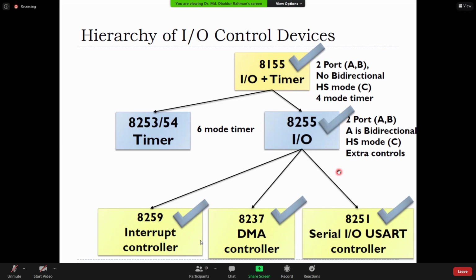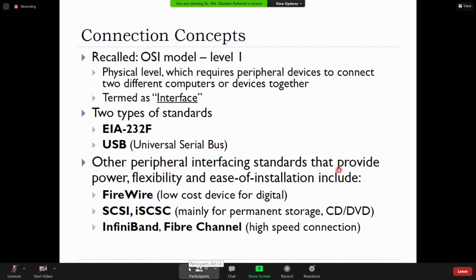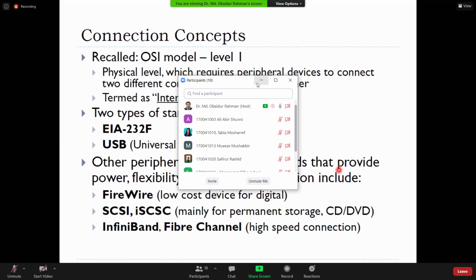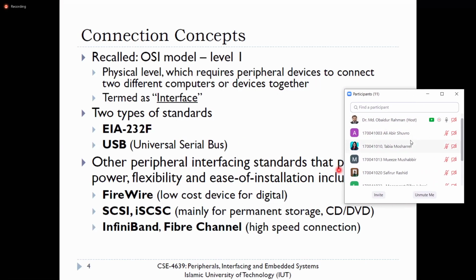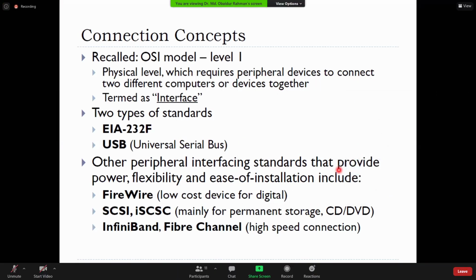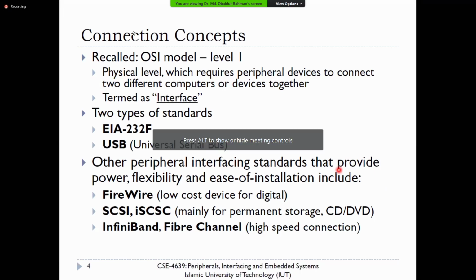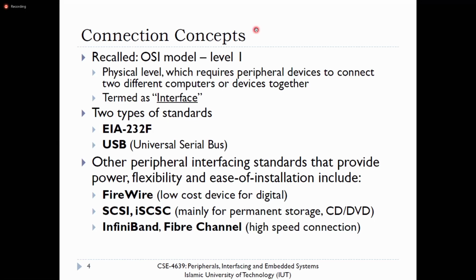So let's start. In every type of communication or interfacing, we need some connection, and some connection concepts are there. To make the interconnection between integrated circuits, we should follow some model for setting up the rules or protocols. So let's recall the OSI model.